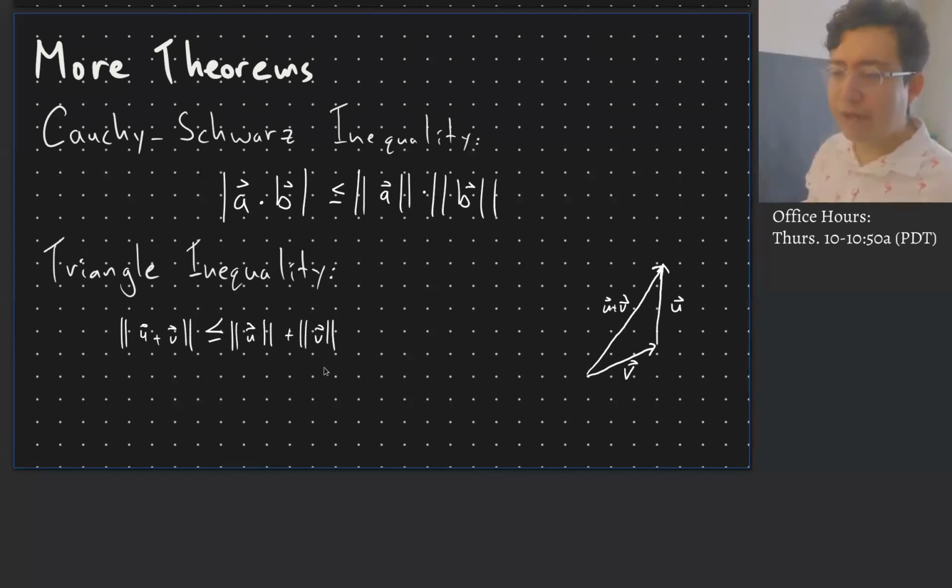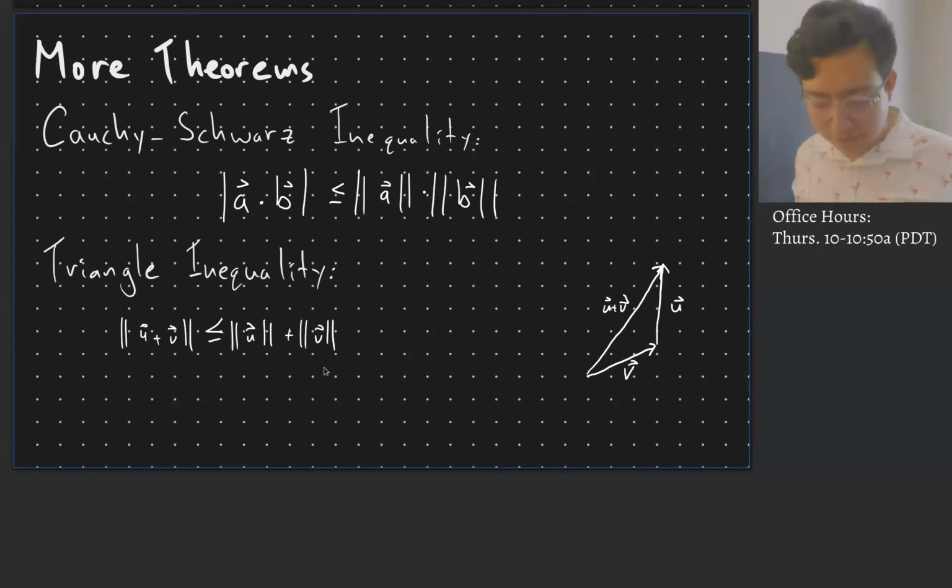Now this one you might not use directly in this class, but it's a good intuition to have. Basically the norm of the sum of the two vectors is less than the sum of the norms. Yeah, that's a good way to say it. The length of the sum is less than the sum of the lengths.